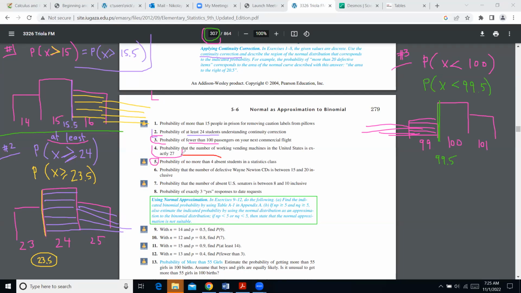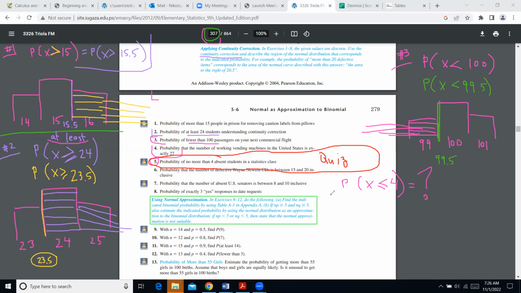So please do a continuity correction for exercise number 5 for me as a quiz. I can help you get started. So the question is asking about the probability that no more than, which is not allowed, which means that less than or equal to 4 is what we need to approximate.